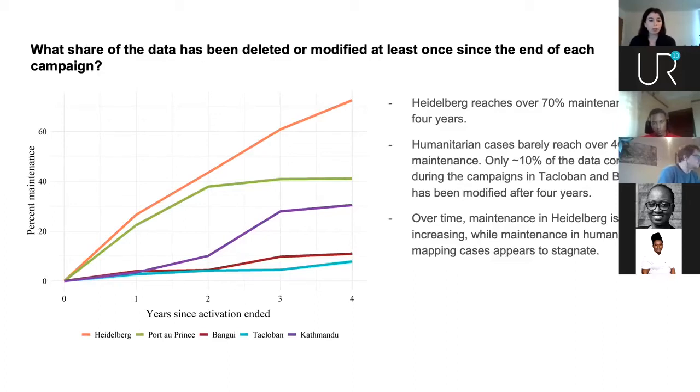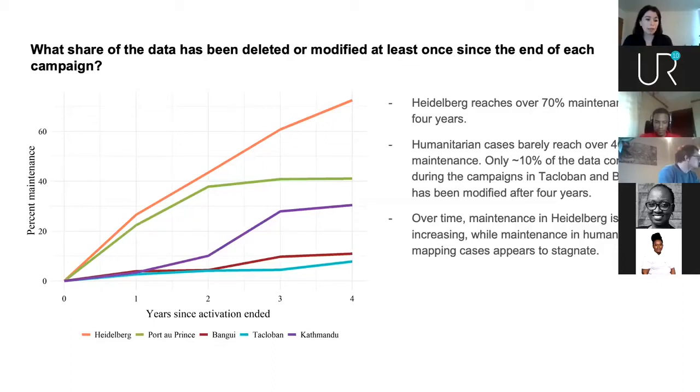And so with the orange line on top representing the Heidelberg case, we can see that over 70% of the data has been maintained after 4 years and is on kind of a steady trajectory to being completely maintained over time. And we can compare that against our 4 humanitarian cases, where we barely see above 40% maintenance.